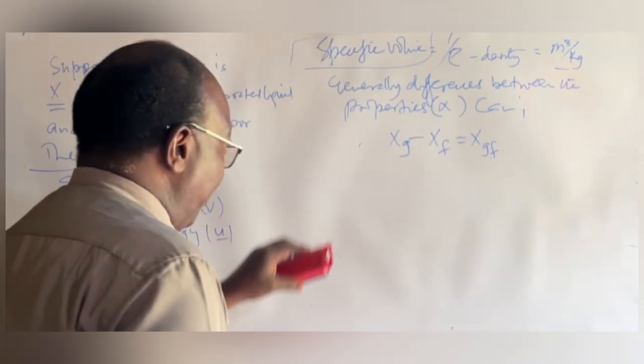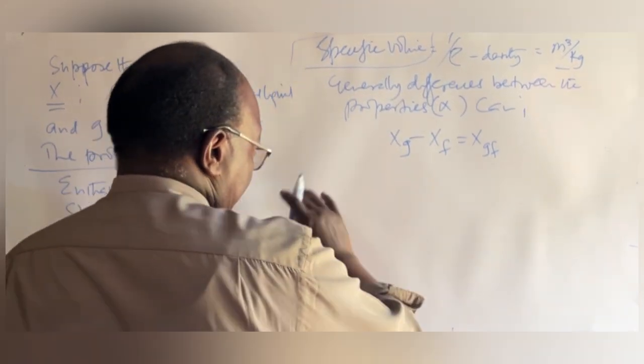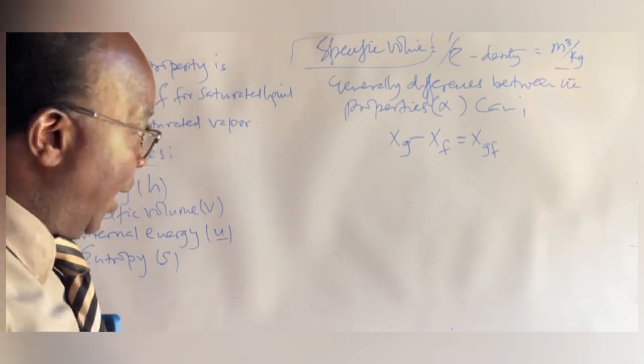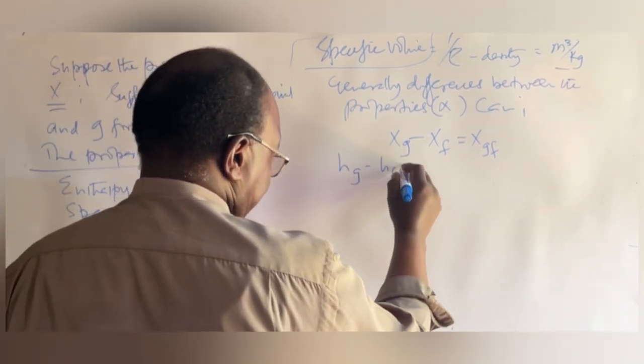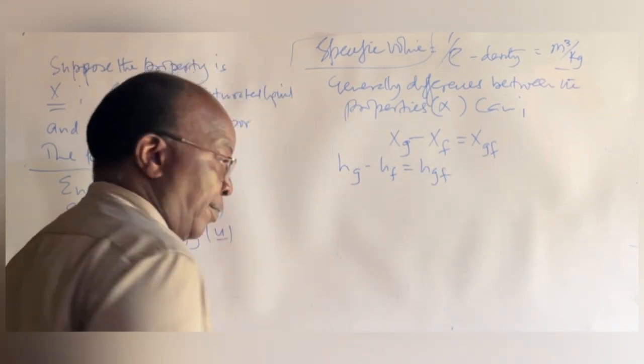So if we use the practical ones, enthalpy, we can express as Hg minus Hf is equals to Hgf.